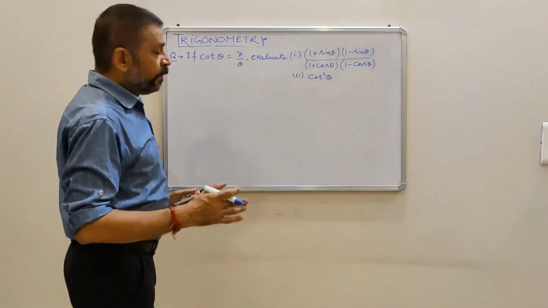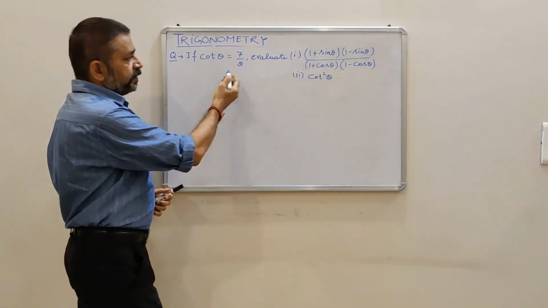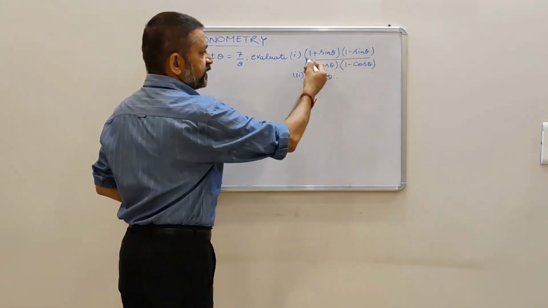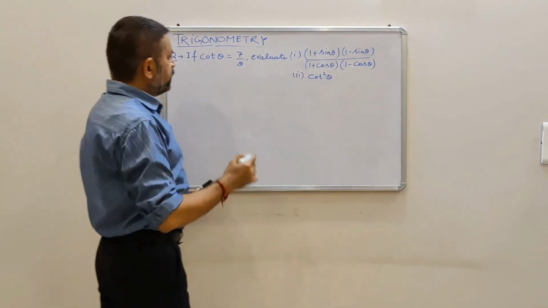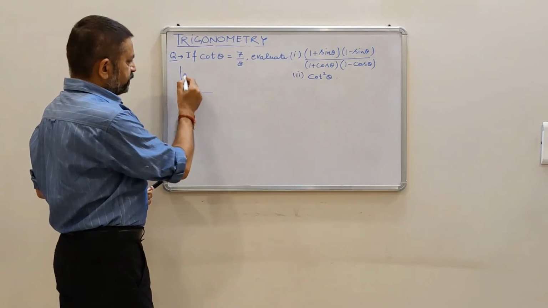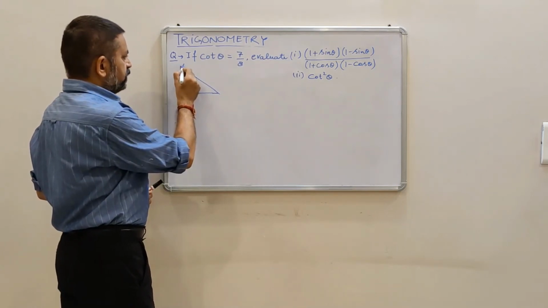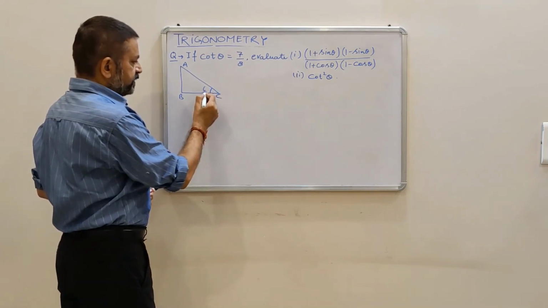One more example. If cot theta is 7 by 8, this is given, evaluate this expression. The value of this expression is asked, and the value of cot square theta. So I am starting with this. Cot theta is given as 7 by 8. So I am drawing a right angle triangle ABC, considering this as theta.